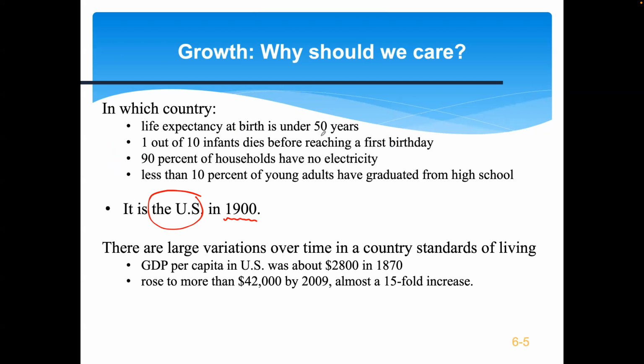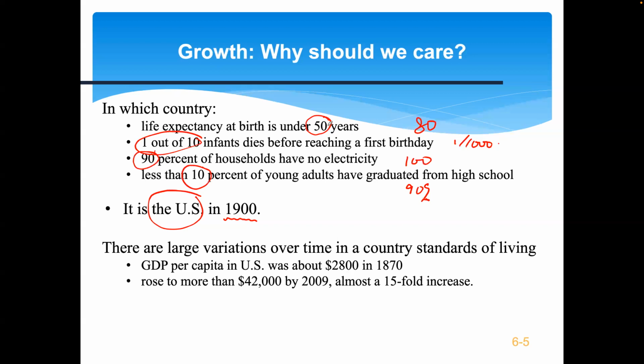If you look at what's happening now, the life expectancy at birth is around 80 years. The infant mortality rate is probably 1 out of 1,000. Now, pretty much everyone has electricity. And pretty much over 90% have graduated from high school.